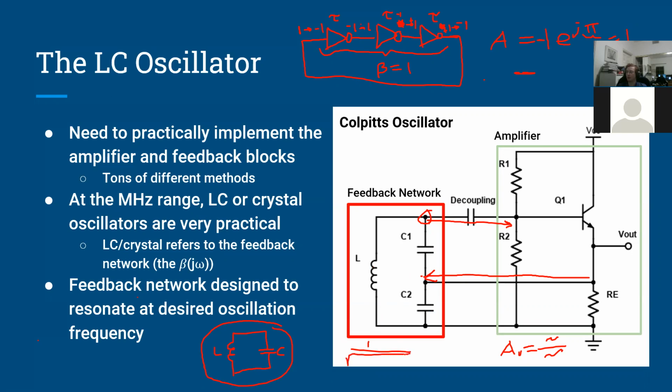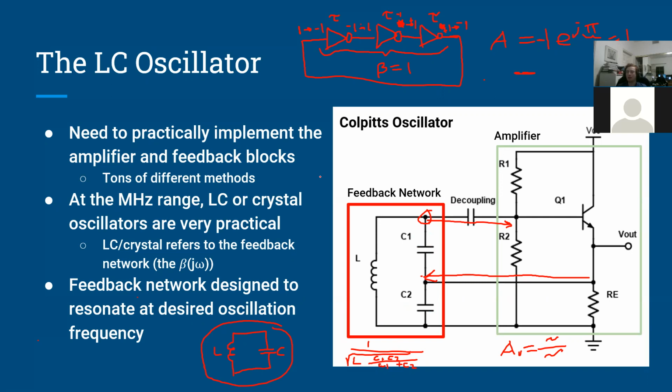It comes out to L times the series combination of C1 and C2, which is just C1 times C2 over C1 plus C2. And so it turns out that'll be the resonant frequency of this oscillator. We'll come back to that, but keep this in mind as we keep going.